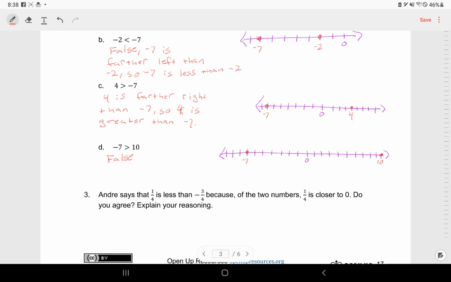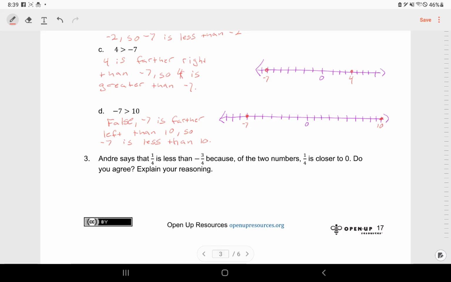Because this says negative 7 is greater than 10, but negative 7 is farther left than 10. So negative 7 is less than 10.